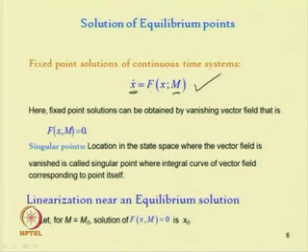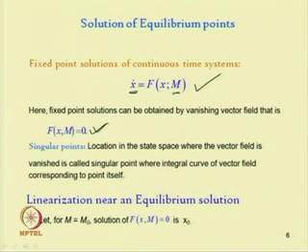Solving this equation for different values of x gives us the equilibrium positions. Singular points or equilibrium positions are the locations in the state space where the vector field vanishes, and we find them by equating f(x, mu) to 0.